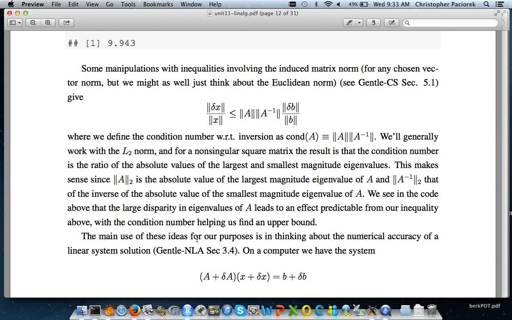Okay, so first off, let's see this idea that the L2 norm of these matrices is the maximum eigenvalue.